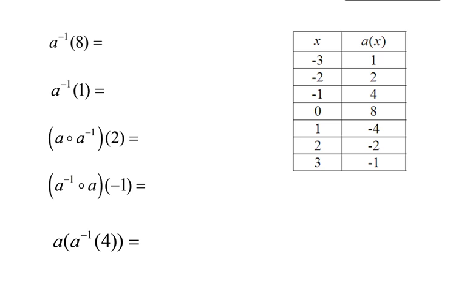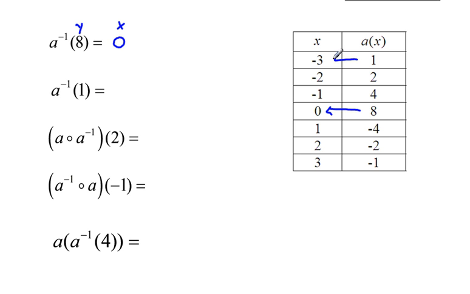All right, so let's try this out on our table. I have my function a of x, and let's read off some of these. So a inverse of 8. Remember I'm doing inverse, so I look at the y values here. There's my 8. My output is 0, which in this case is an x value because I'm doing inverse function. I'm going from y to x. A inverse of 1, I look for my 1.